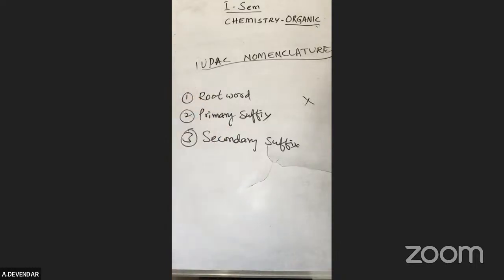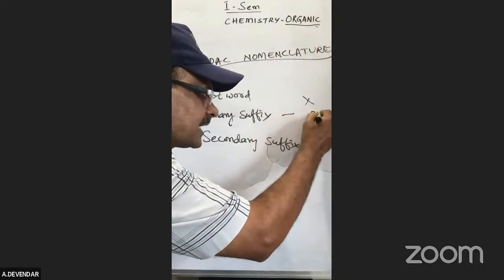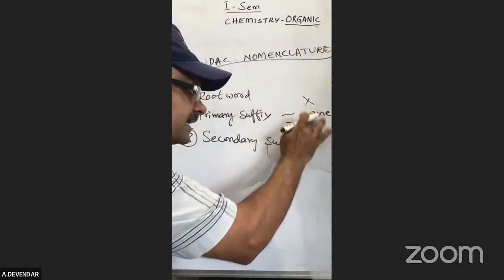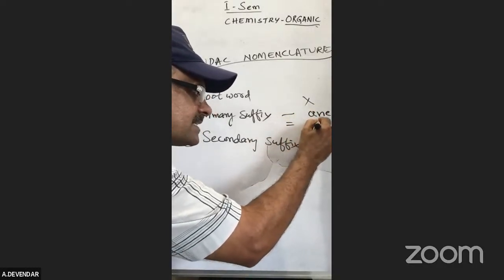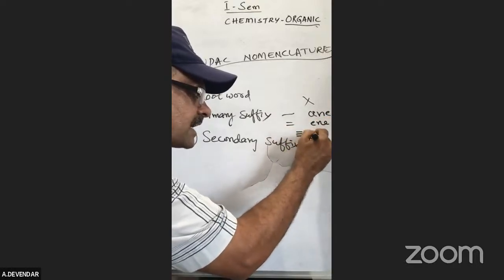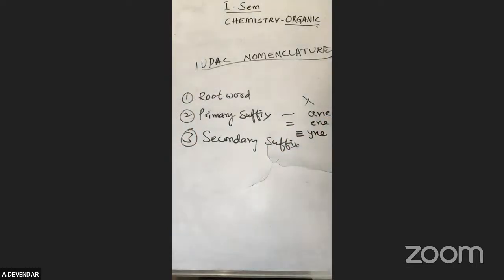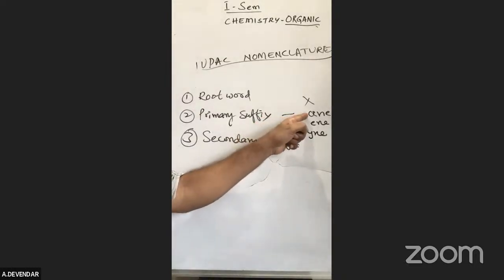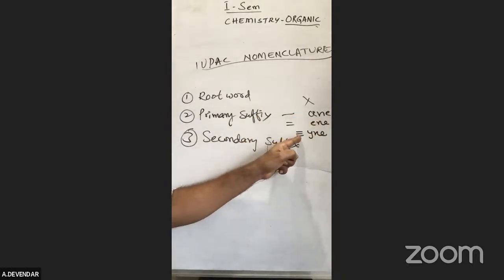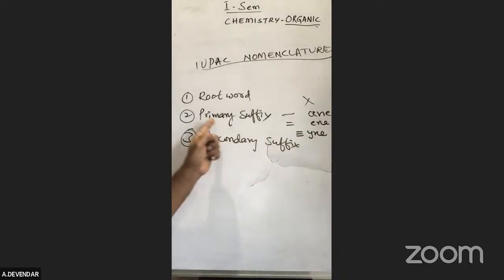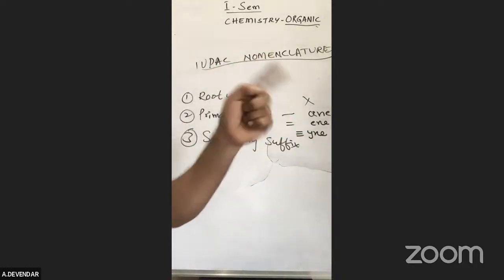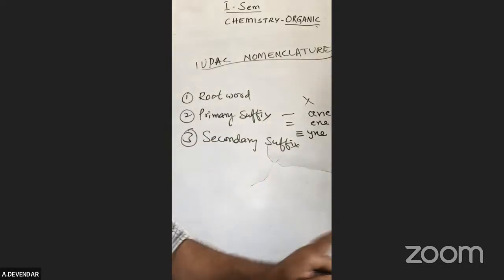Now coming to the primary suffix. Very easy. Primary suffix means whether the carbon atoms are arranged in a single bond, double bond or triple bond. Single bond is called ane, double bond is called ene, triple bond is called yne. That indicates the primary suffix, that is, whether the unknown organic compound is saturated or unsaturated.